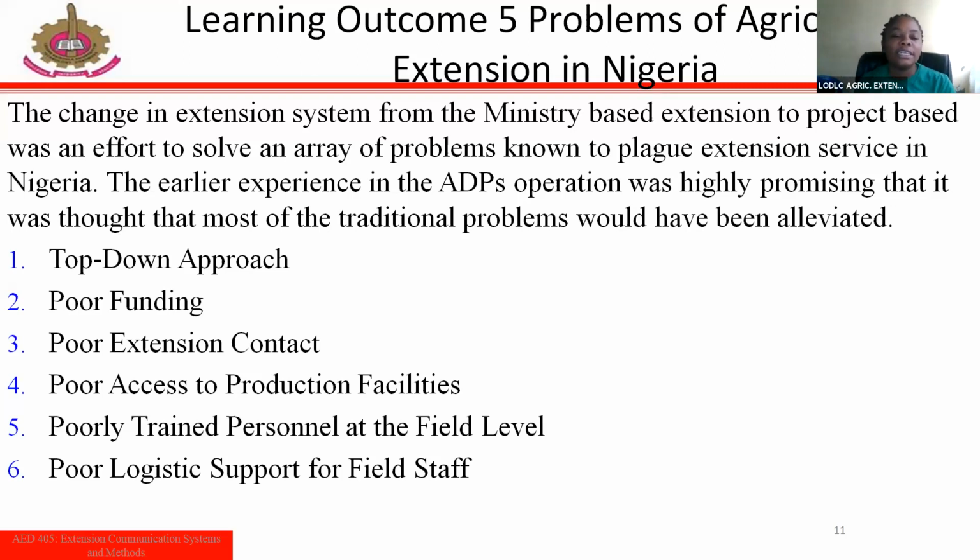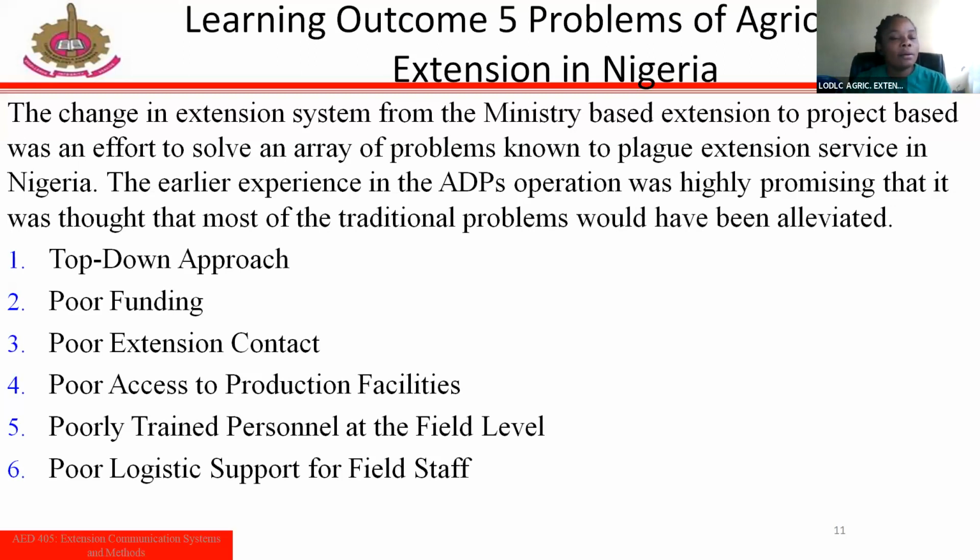The other thing is the poor funding. Yes, poor funding. Extension agents travel lots of miles in the very thick bushes with machines. But the major things that are needed for transportation were not provided.